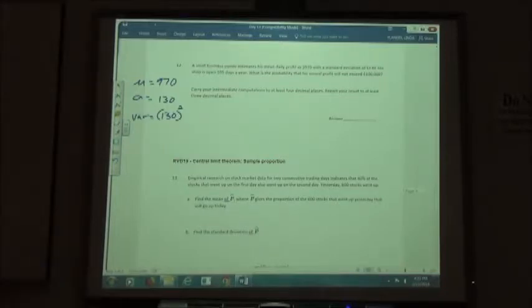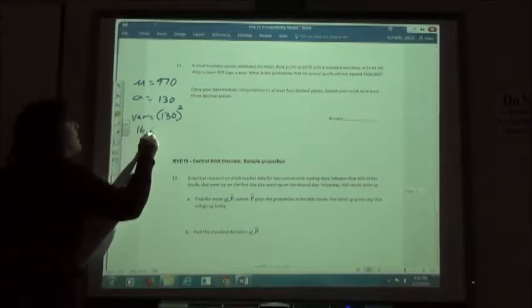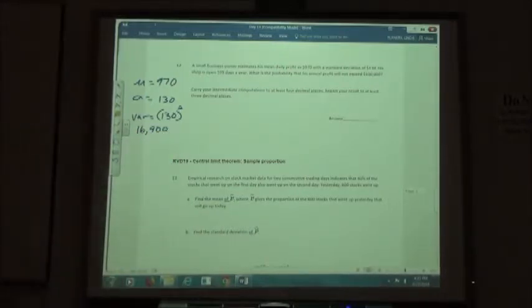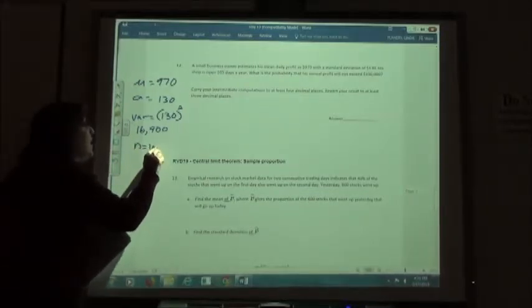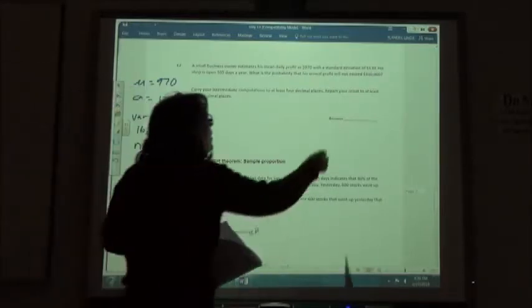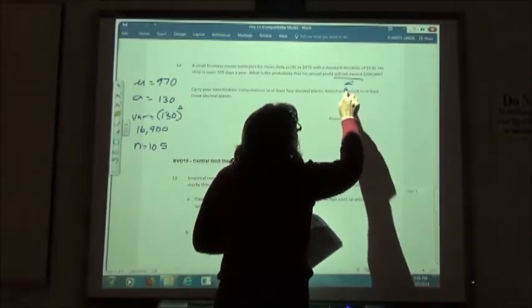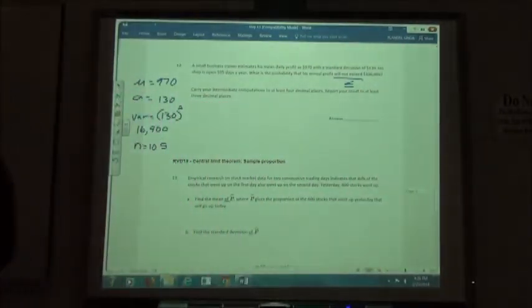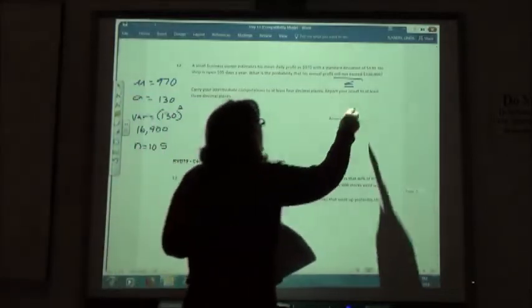I'll let you figure that out. $16,900. All right. His shop is open 105 days a year, so n is going to be 105. What is the probability his annual profit will not exceed, meaning less than or equal to, that 100,000? I like it better when it's a less than.